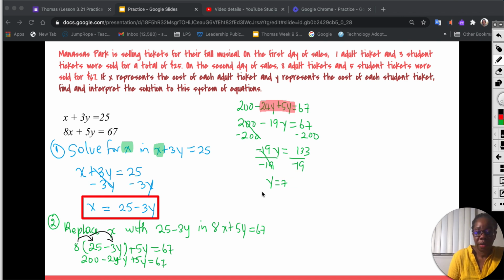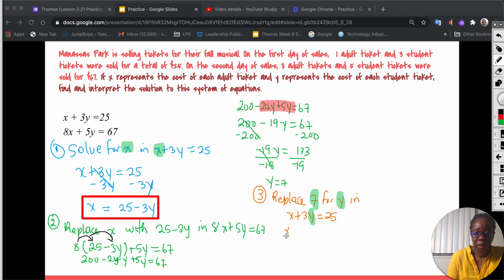All right, here's our third and final piece. So third step, we are going to replace 7 for y in x plus 3y is equal to 25. And let's highlight what we're doing. So 7 will go in place of y in this equation.